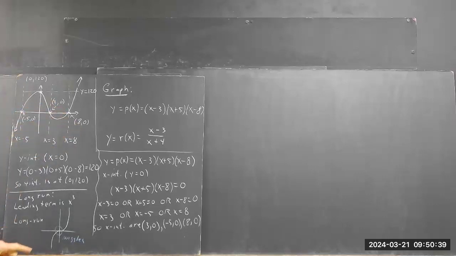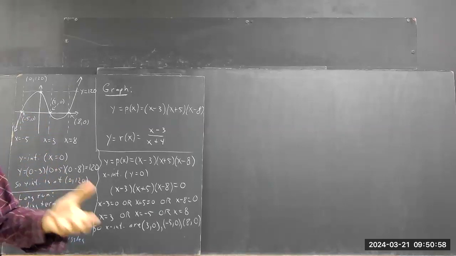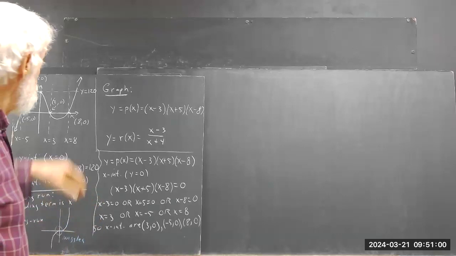Then we mention our long run behavior is going to look like this. Okay. That's the foundational process. Now there's more to it, but in this class, we're going to just make sure we understand this much so that when we encounter it in pre-calculus, we can go a little bit further with it.